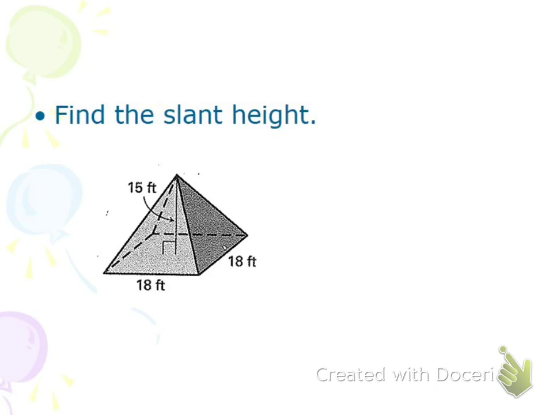All right, so on this first example, very bottom of the front side of your notes, all they want us to do is find the slant height, which they denoted with that cursive L. So the slant height goes down the side of one of the lateral faces.